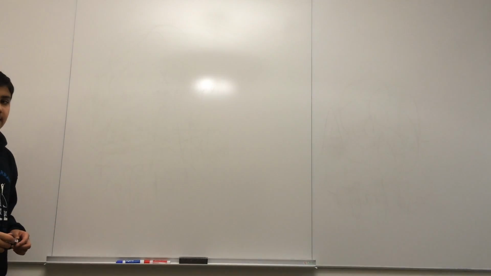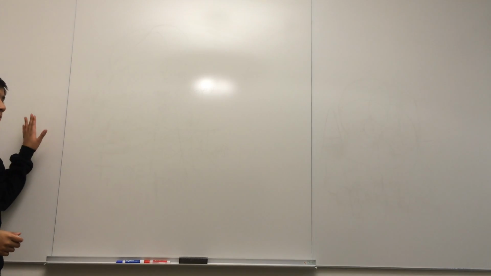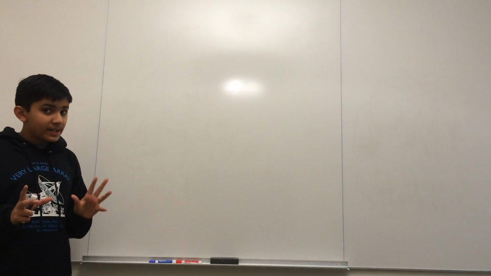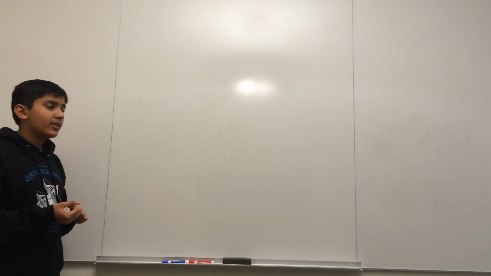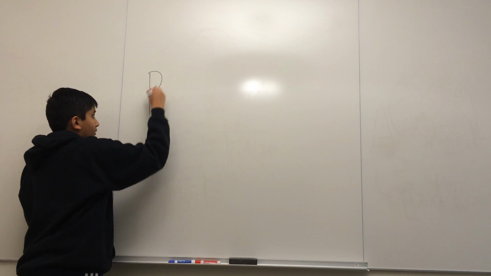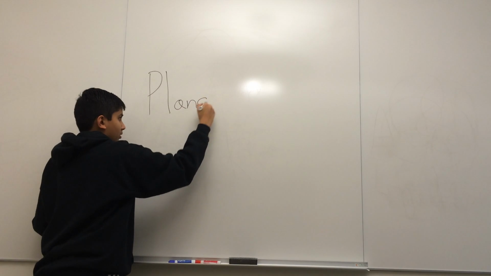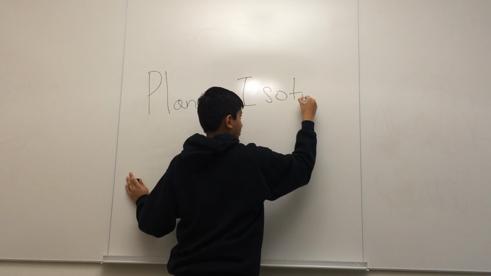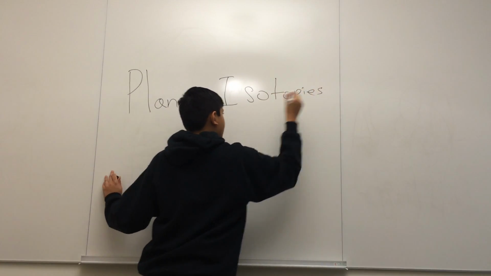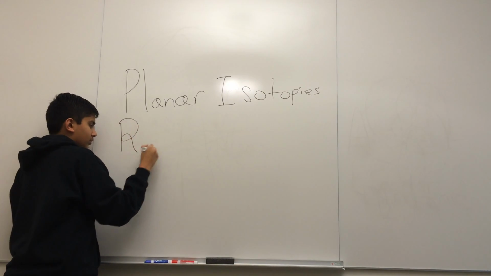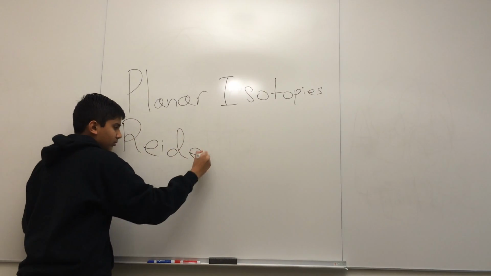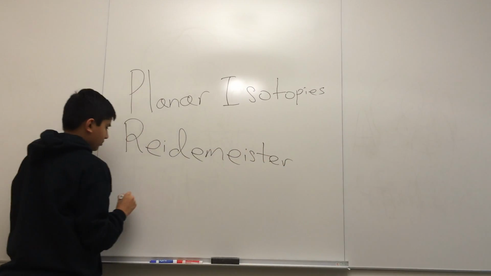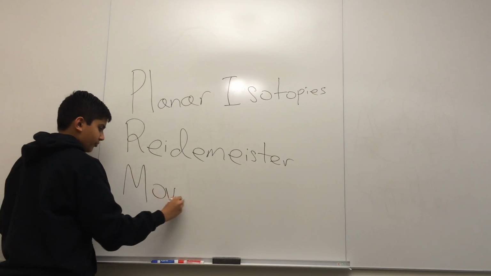What Reidemeister's theorem states is that given 2 projections of knots, they are ambient isotopic if and only if they are connected by a sequence of planar isotopies and these things called Reidemeister moves.